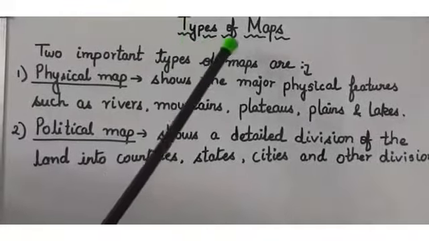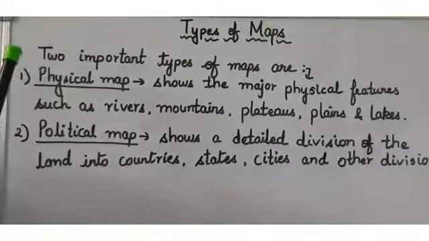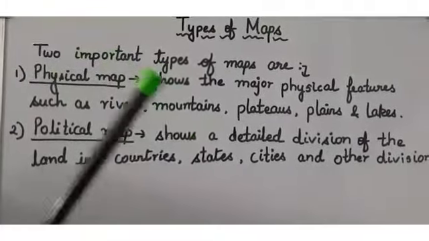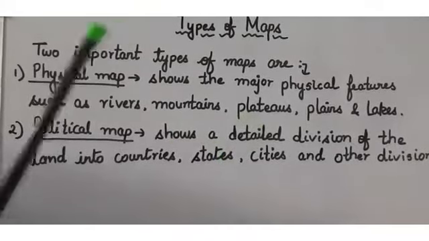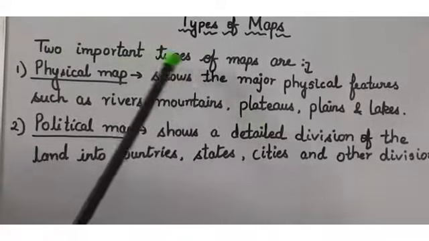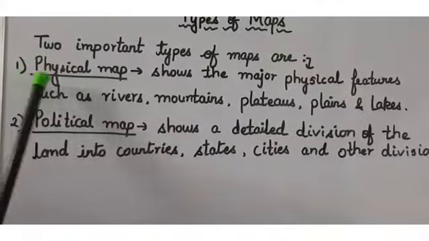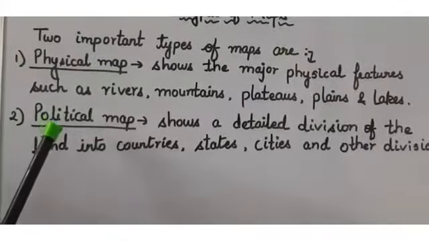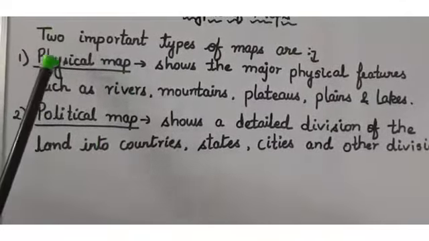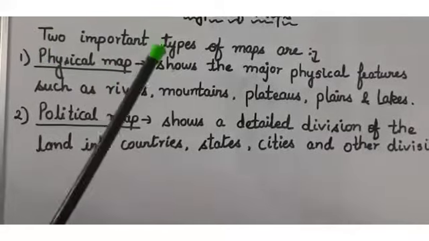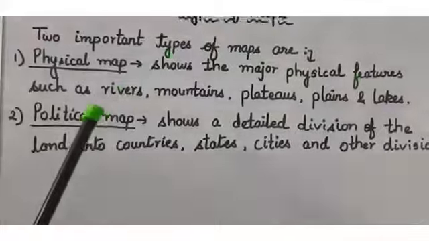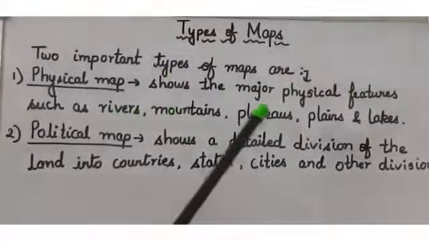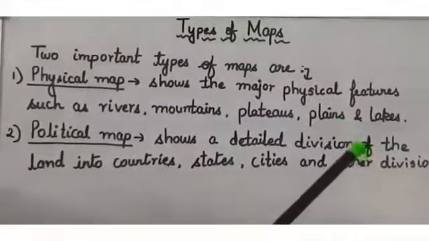Now, types of maps. There are many types of maps that give us different kinds of information, but mainly two important types of maps are, first, the physical map, and second, the political map. Now, what is a physical map? A physical map shows the major physical features, like rivers, mountains, plateaus, plains, and lakes.